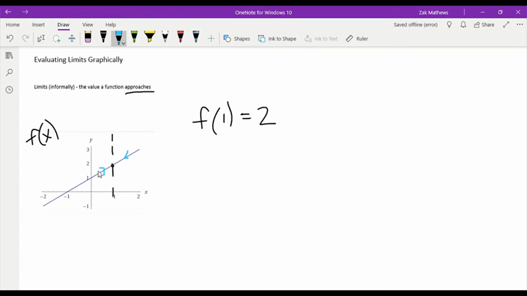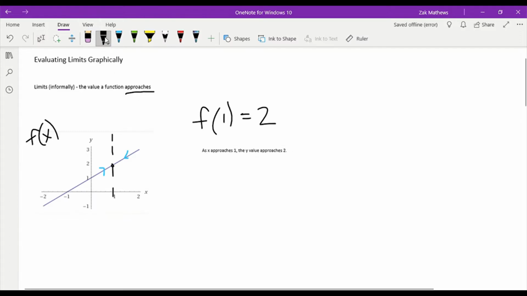So it doesn't matter which way we're coming from, we're getting really close to that value. So in this case, the limit value is the same as the function value. It is equal to 2. And so what I can say is, as x approaches 1, the y value approaches 2.